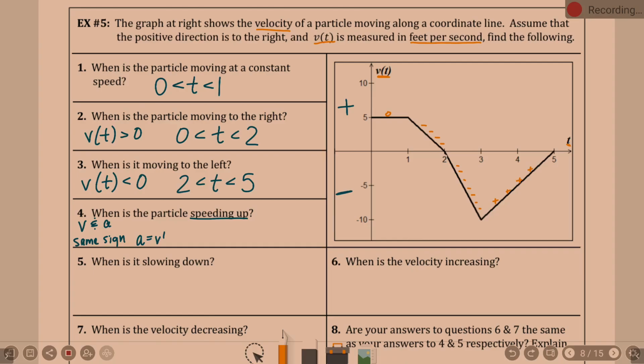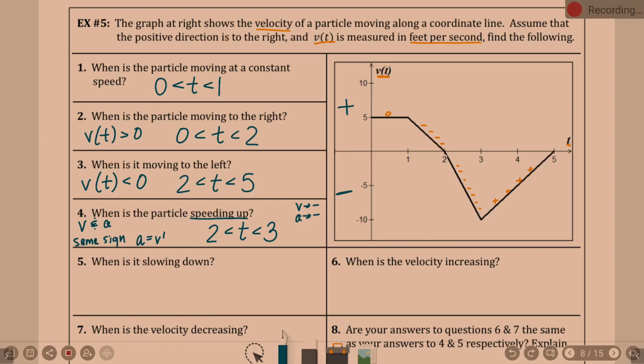So 2 to 3, velocity was negative and acceleration was negative.